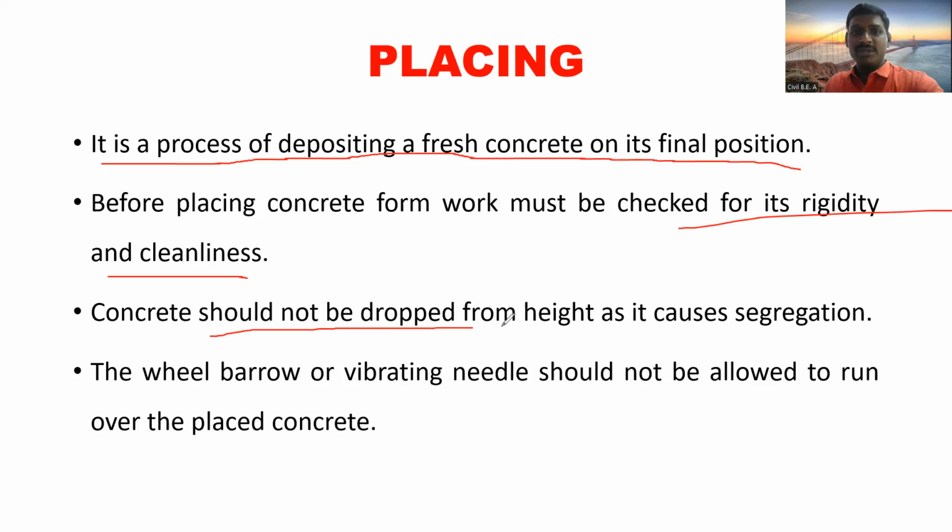Then concrete should not be dropped from height, as I told. It causes segregation. So to avoid segregation, we have to avoid pouring concrete from a height. The concrete should not be dropped from height as it causes segregation.